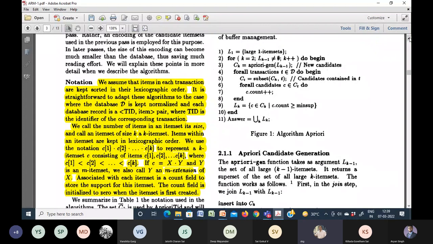Meaningful in the sense that this association rule needs to be looked into for how it will be used for decision-making support. That depends on how the management wants to take it. So this is the basic Apriori algorithm.